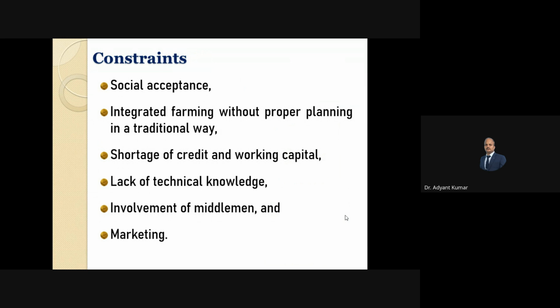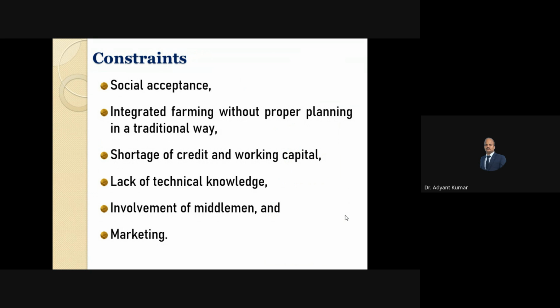The second one is technical know-how. There is a lack of technical know-how for raising livestock among the farmers, and without the technical know-how, an integrated farming system is not possible.